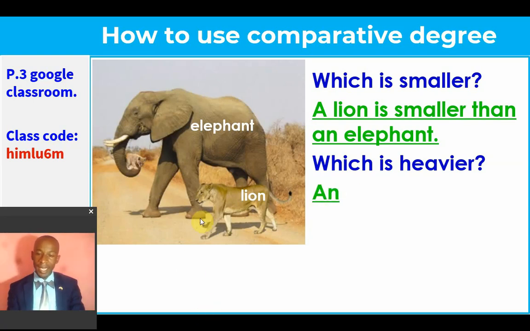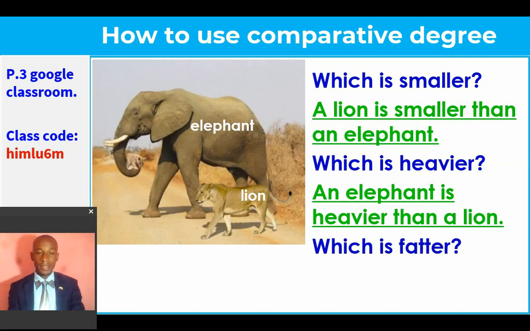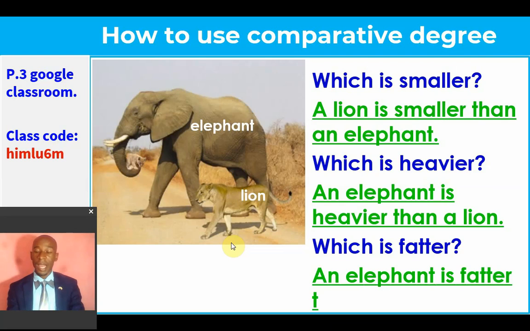So an elephant is heavier than a lion. Then lastly, which is fatter? Still, when you look at the two, you will see that an elephant is fatter than a lion. So that is now comparative degree.